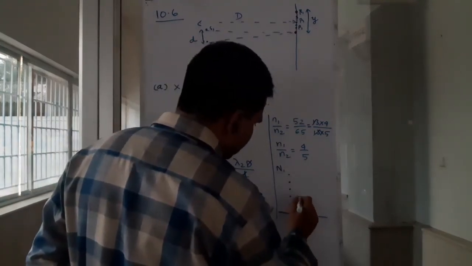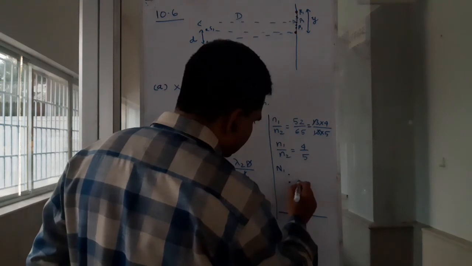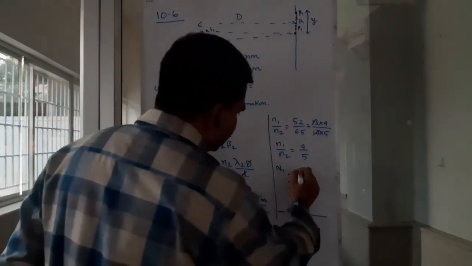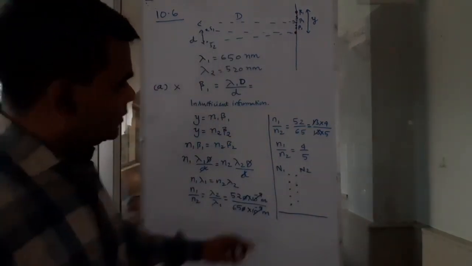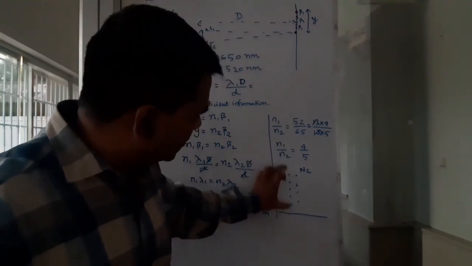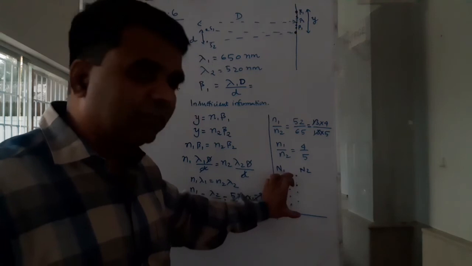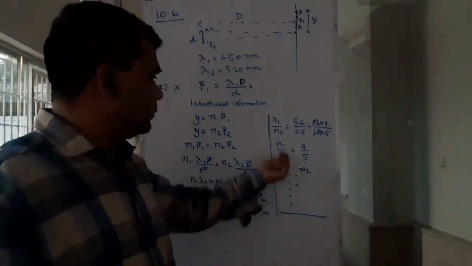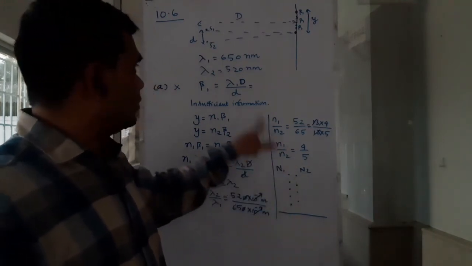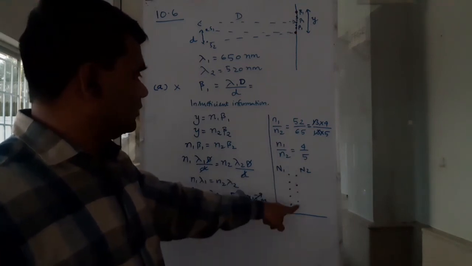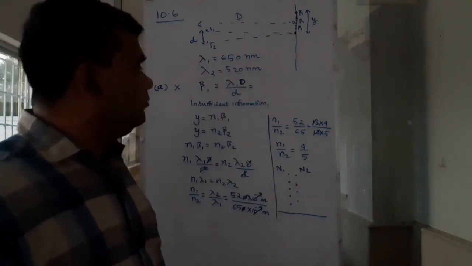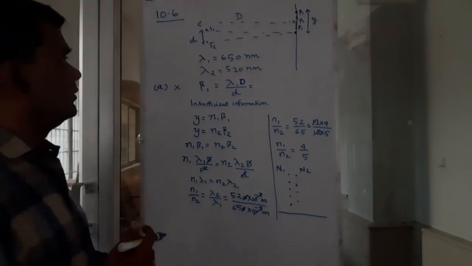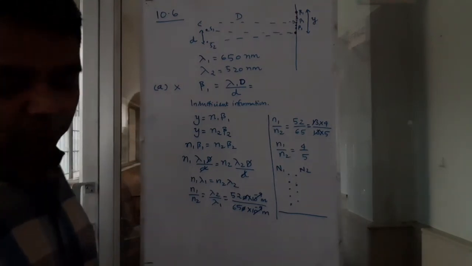So we'll get 1, 2, 3 here, and then 4 here. So this is the n2. So 5 of n1 will be equal to 4 of n2. So the fifth band of n1, lambda 1, will match with the fourth band of n2. So that's about it. Hope this is clear to you.